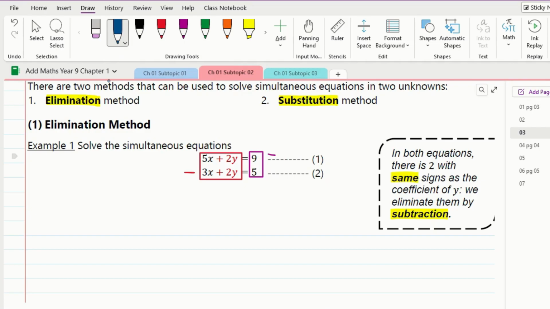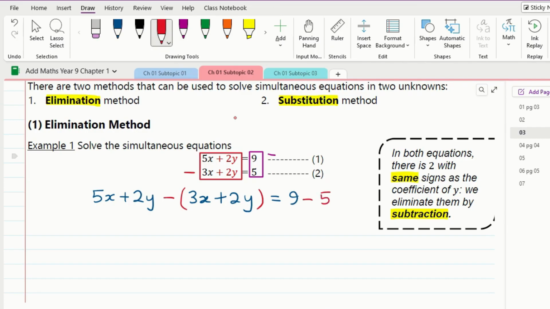In the first equation, the left hand side expression is 5x plus 2y, and the left hand side of the second equation is 3x plus 2y. You are going to subtract them from each other, so for the second equation's left hand side you must give a bracket, and equals, on the right hand side, 9 minus 5.